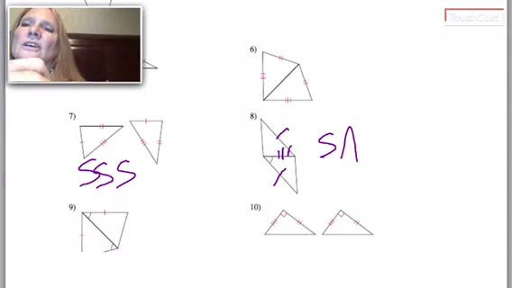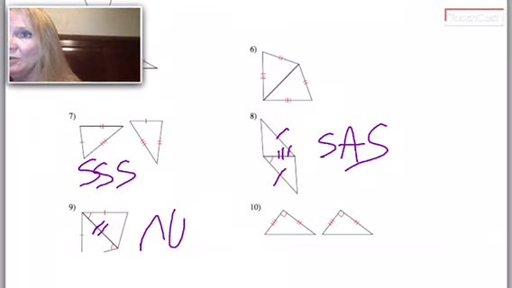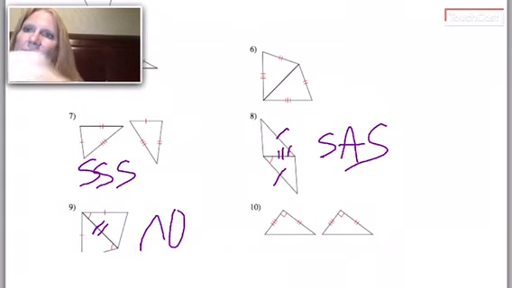So yes, side, angle, side. Number 9, I can mark this, but this is angle, side, side on the bottom triangle. On the top we have side, angle, side, but not on the bottom. So no, not congruent. The last one is 10. Side, angle, side.